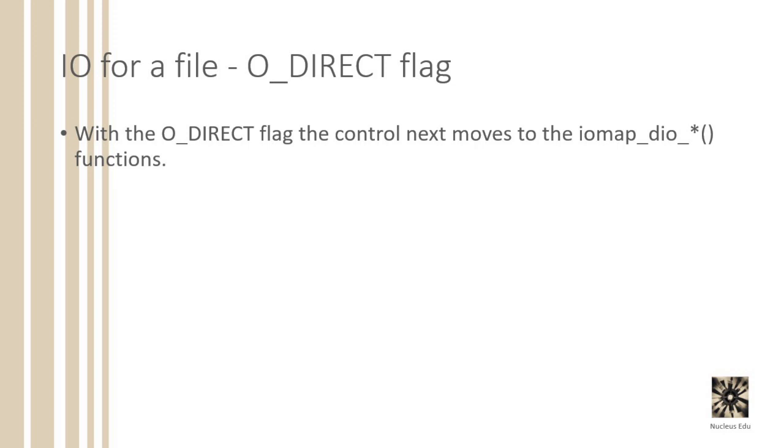As I mentioned, with the O_DIRECT flag, your IO is going to skip the page cache, and the control next moves to a number of iomap_dio_ functions, like the __iomap_dio_rw and iomap_dio_bio_iter functions.